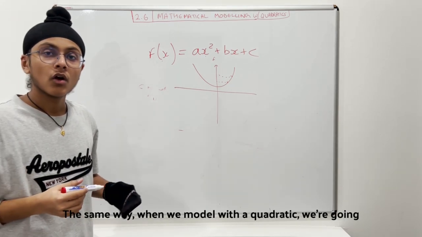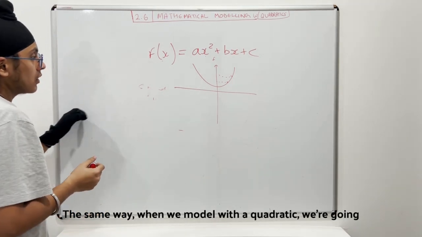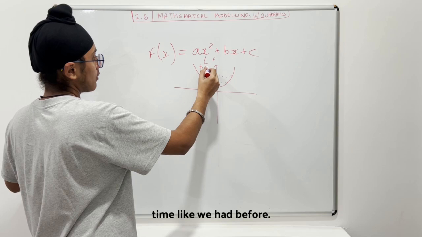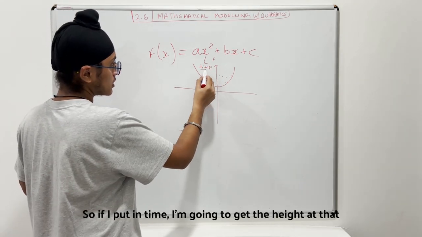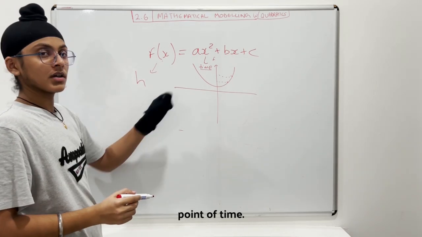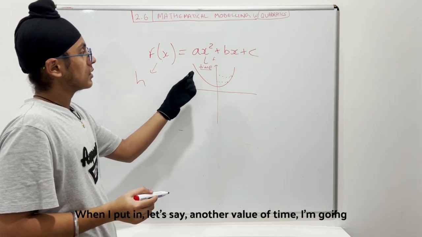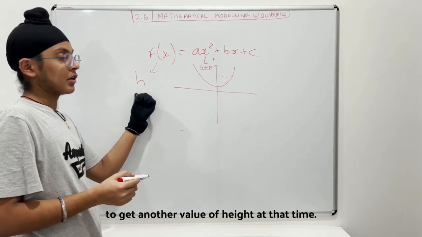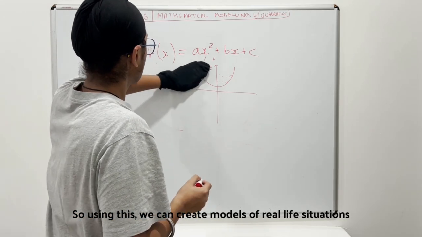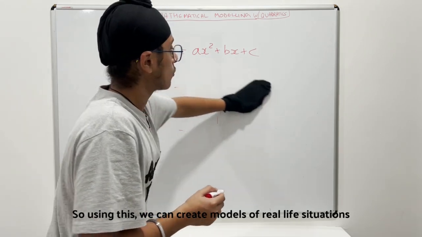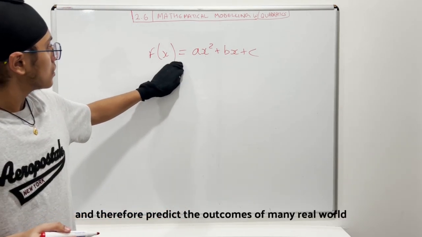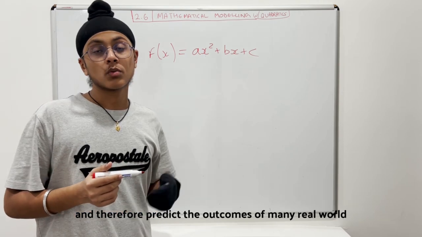The same way, when we model with a quadratic, we're going to put in the variable that we choose here, for example, time, like we had before. So if I put in time, I'm going to get the height at that point of time. When I put in another value of time, I'm going to get another value of height at that time. So, using this, we can create models of real-life situations and therefore predict the outcomes of many real-world examples.